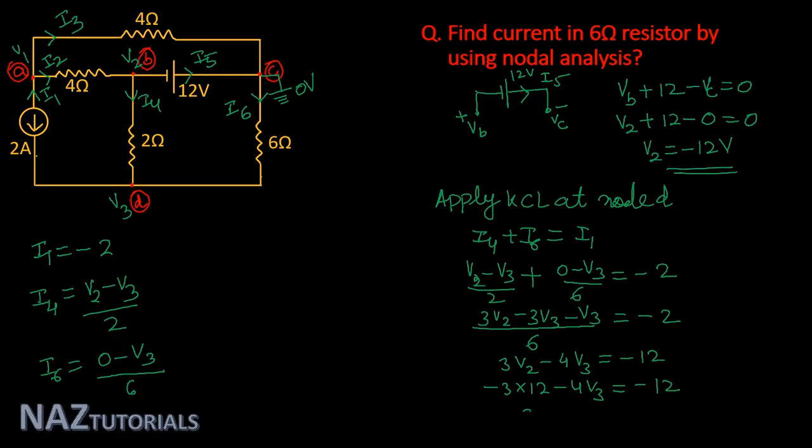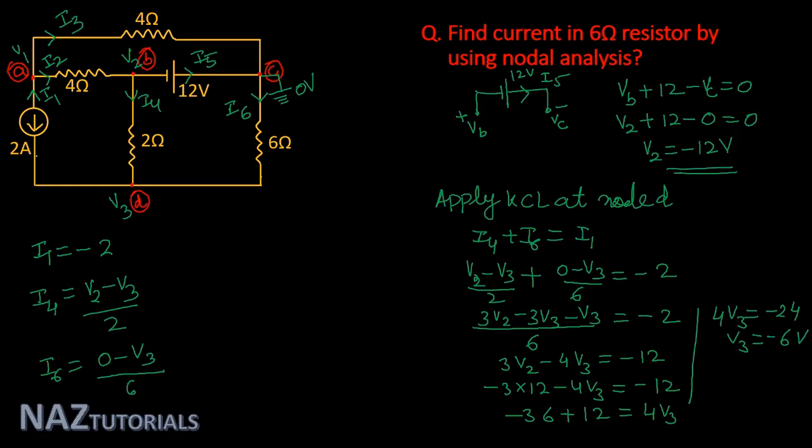So here 36 minus 36 plus 12 is equal to 4V3. So you can say 4V3 is equal to minus 24. Now here you can find V3 is equal to minus 6 volt.